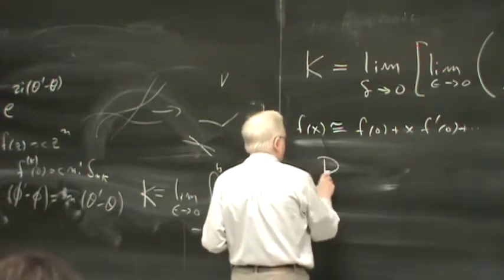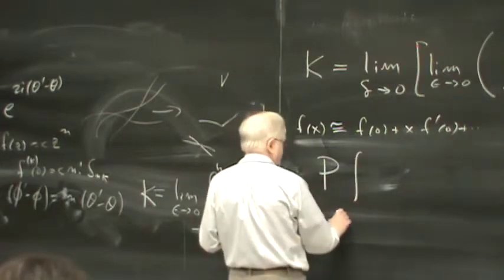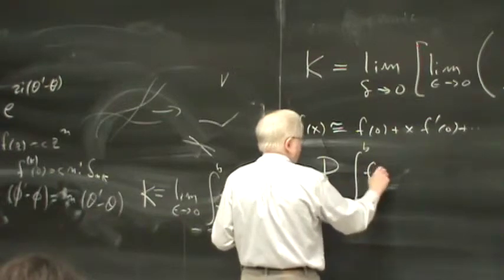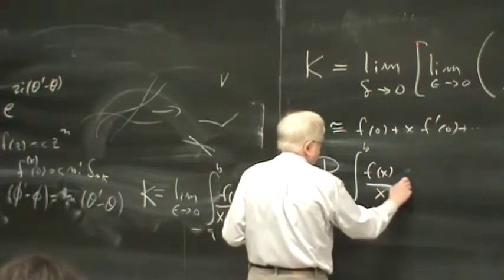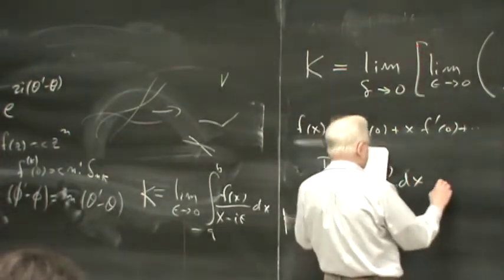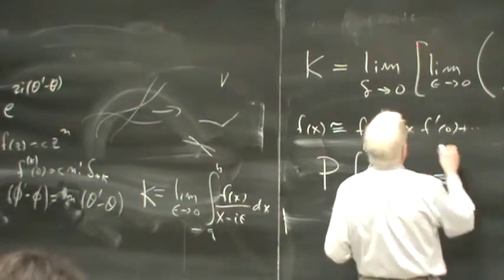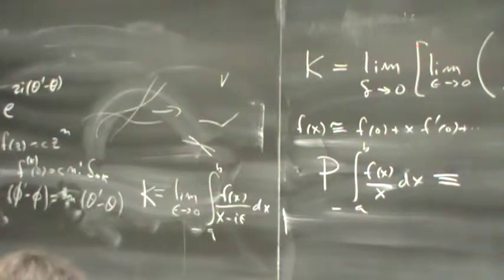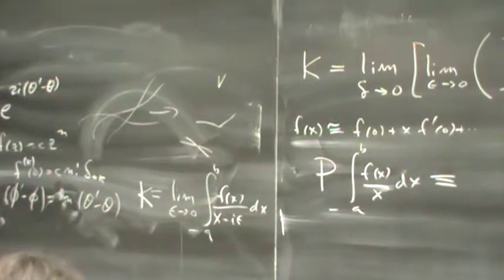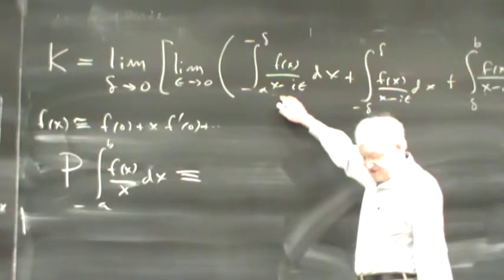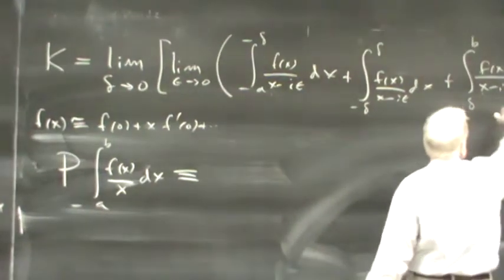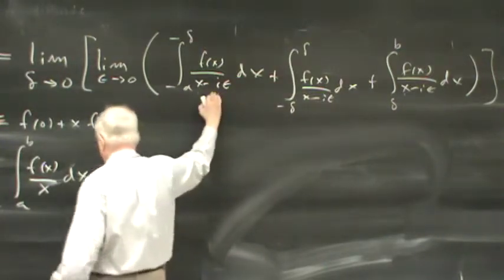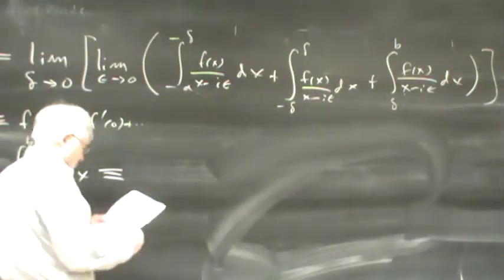So the principal part of the integral from minus a to b of f of x over x dx is simply defined as, well, first of all, notice that inasmuch as we've separated out delta here, where delta is a finite positive number, we can let epsilon go to 0 here, and it's not going to make any difference in the first and the last integrals. So we can forget epsilon now.